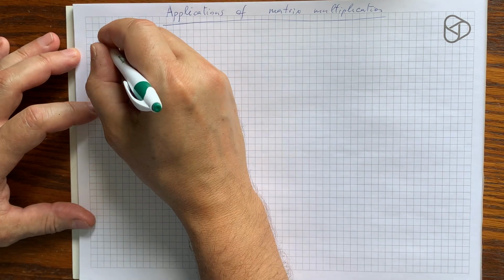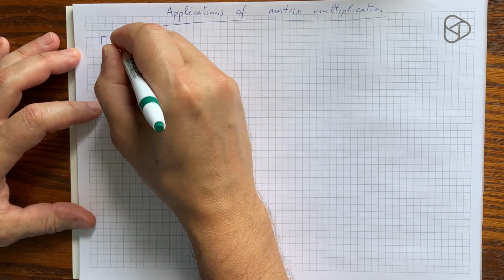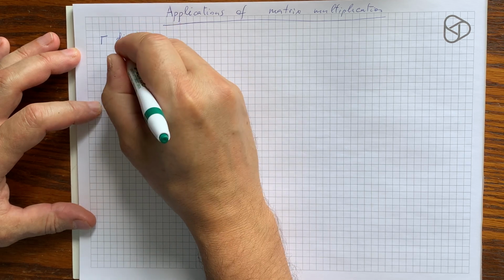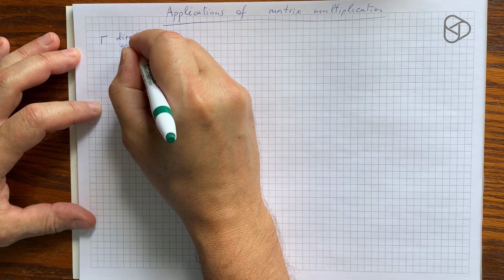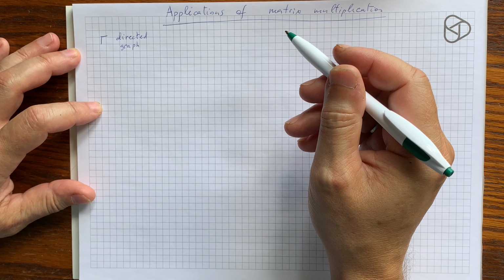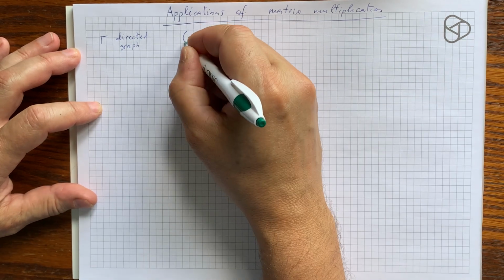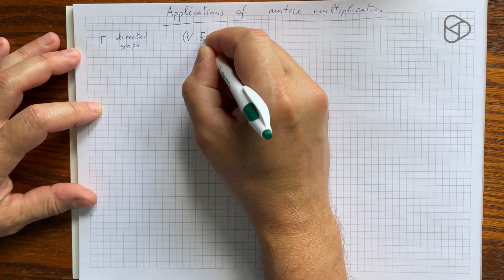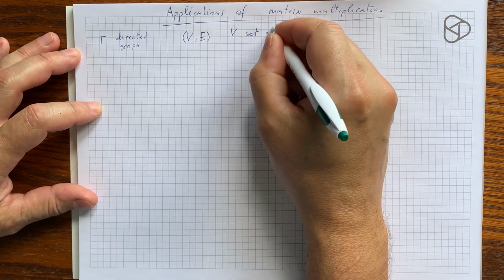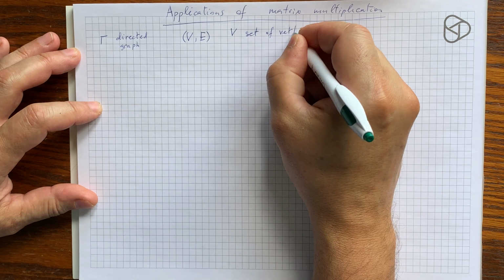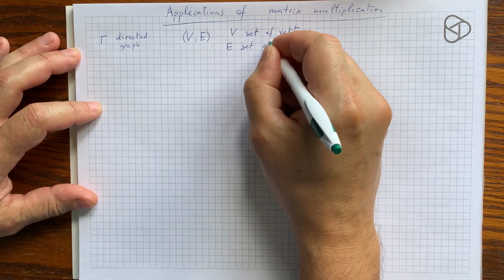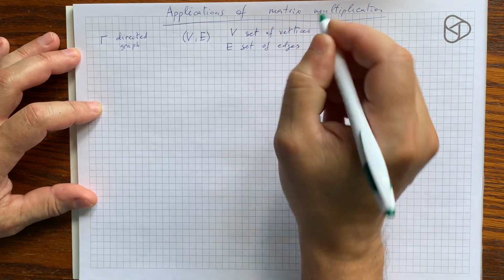So let's imagine what is called a graph, a precisely directed graph, which mathematically speaking will be a set of vertices and a set of edges. So V is the set of vertices of the graph, E is the set of edges.